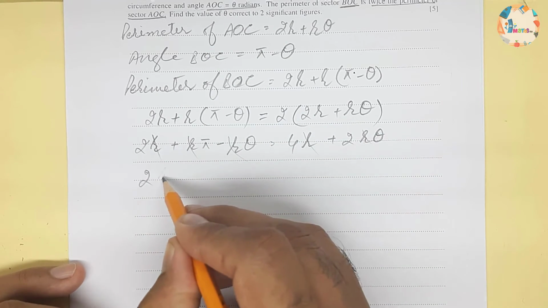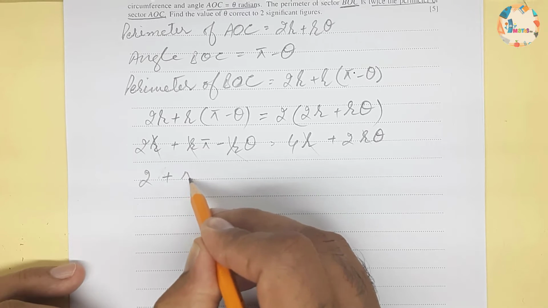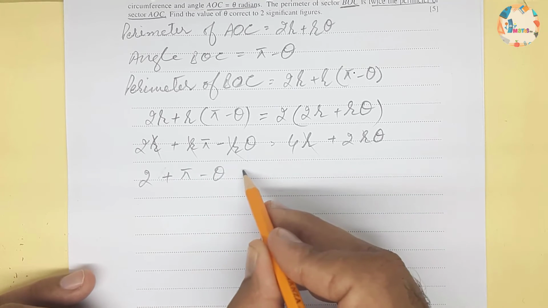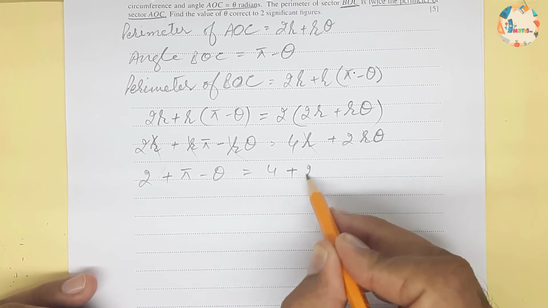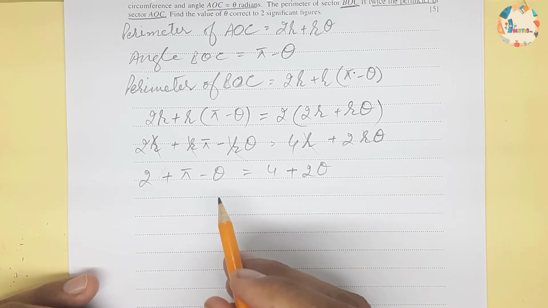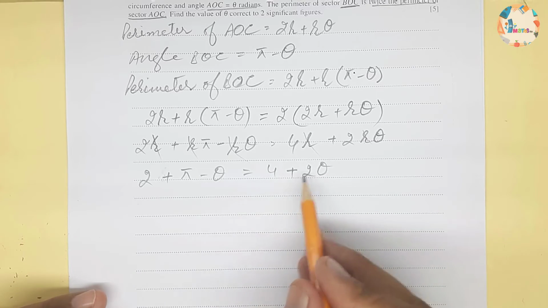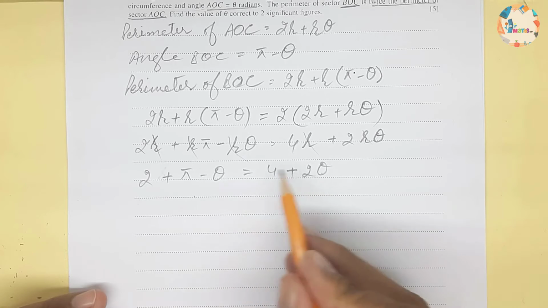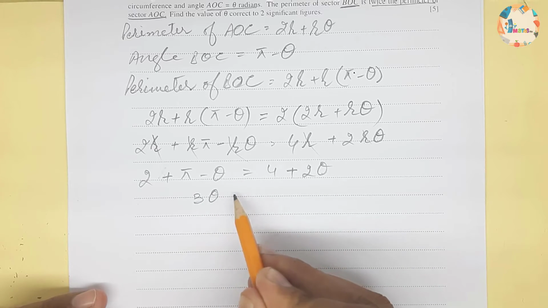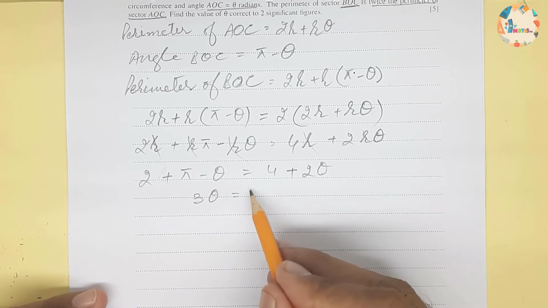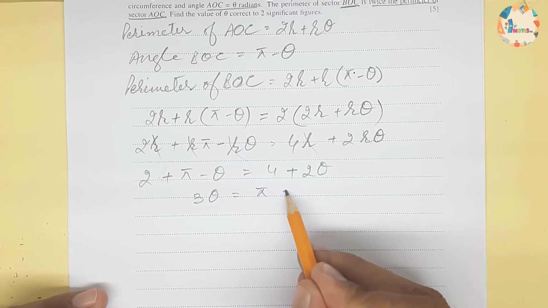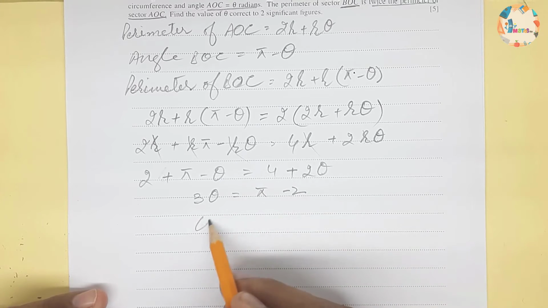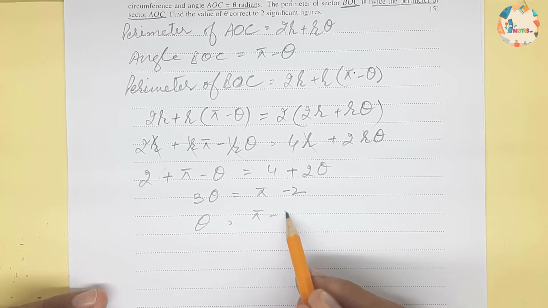So we'll get 2 plus pi minus theta is equal to 4 plus 2 theta. Now we can shift this theta to this side, so 2 theta plus theta will be 3 theta is equal to pi minus 2, and theta will be equal to pi minus 2 over 3.